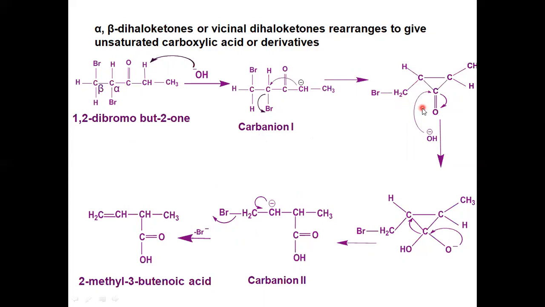It converts into the cyclopropanone intermediate, which converts into the cyclopropane ring, and by electronic rearrangement it is converted into carbanion 2. By electronic displacement and elimination of bromide ion, it forms an unsaturated carboxylic acid.